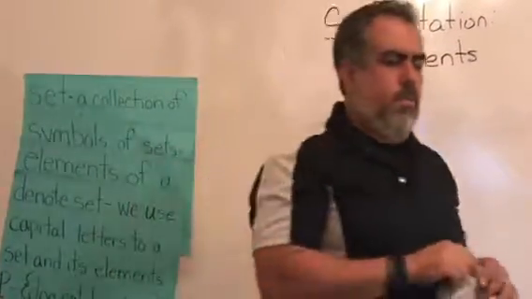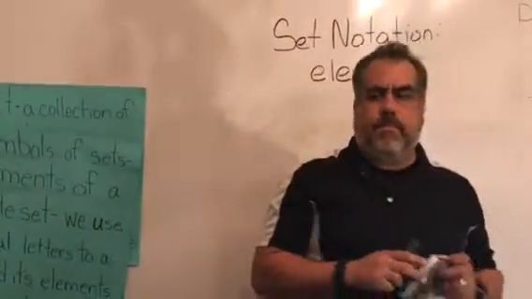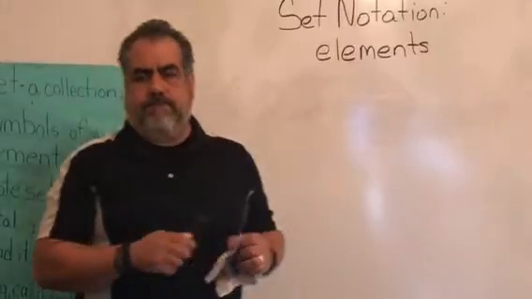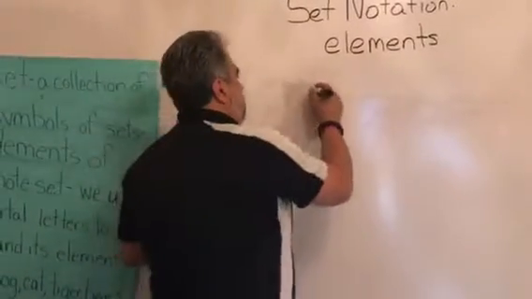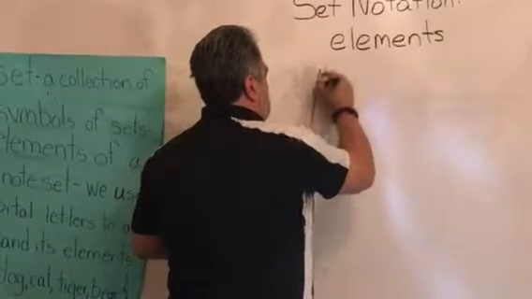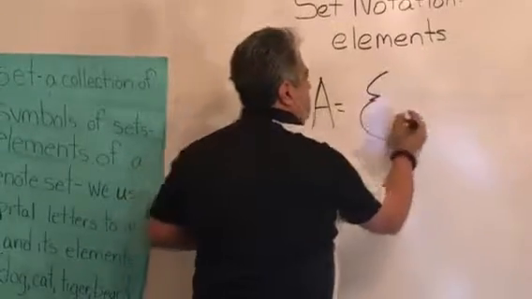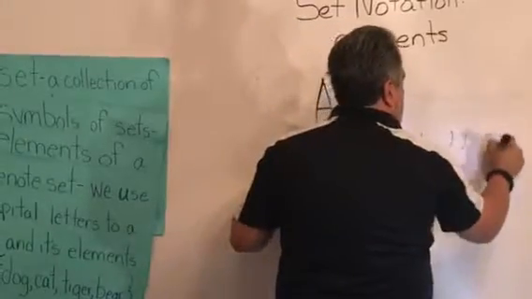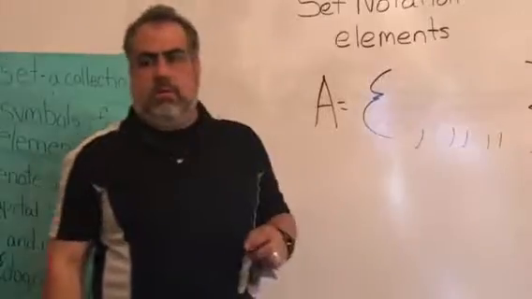I'm going to walk around. And just remember, these are just examples. You're going to need a capital letter, a brace, commas, and then a brace on all your sets.